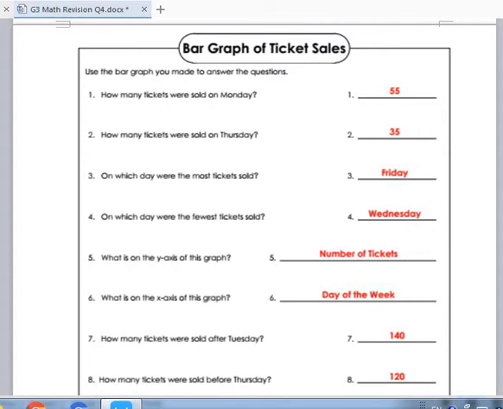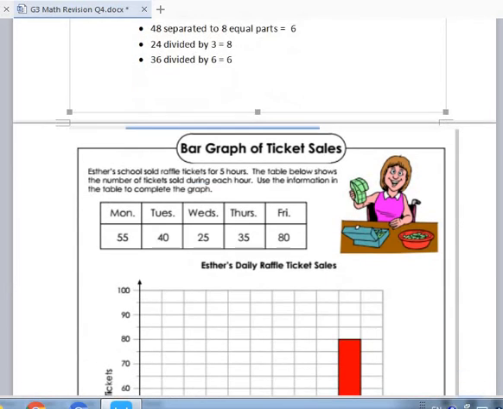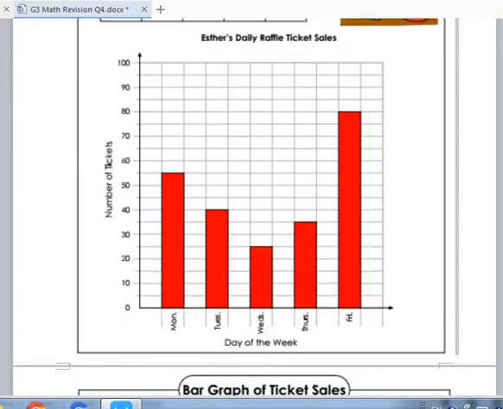How many tickets were sold before Thursday? Before Thursday, I have Monday, Tuesday, Wednesday. So I will add 55 plus 40 plus 25.